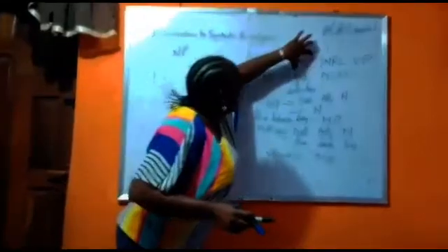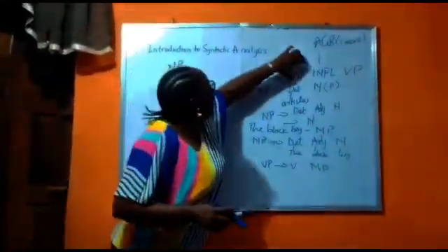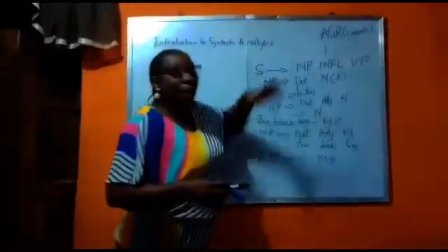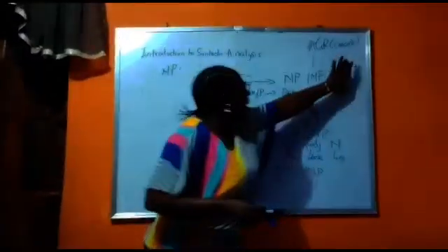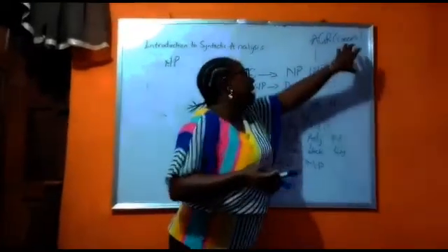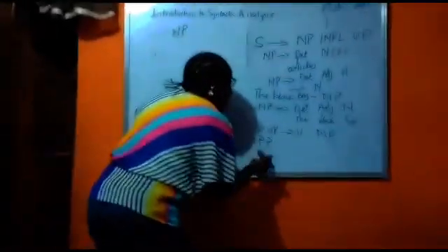The group of the words must be related, with the noun as the head, or the noun as the key word there. The same thing applies here: the group of words that has the verb as the head or as the key word. We can also have the prepositional phrase, the PP.